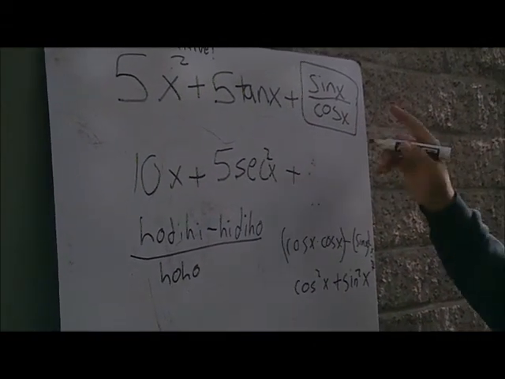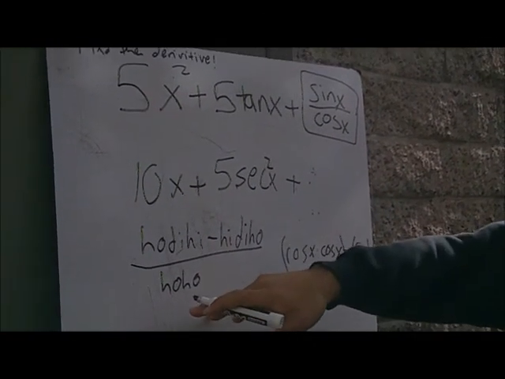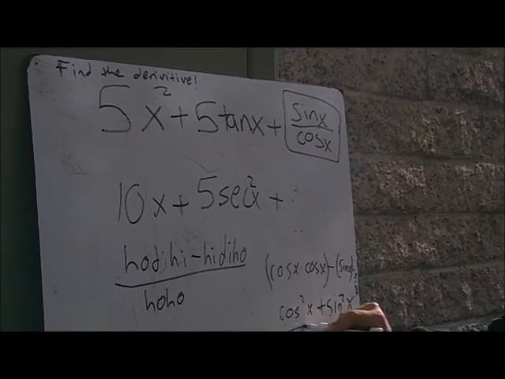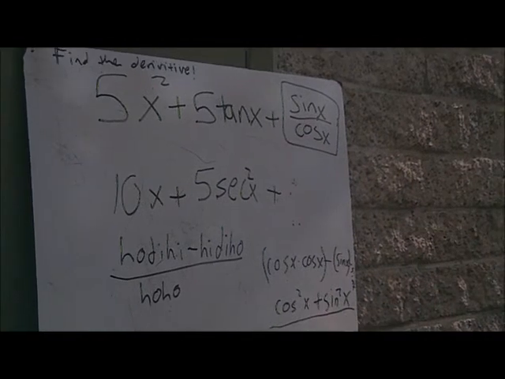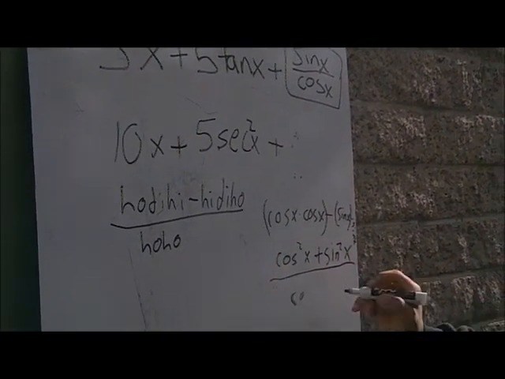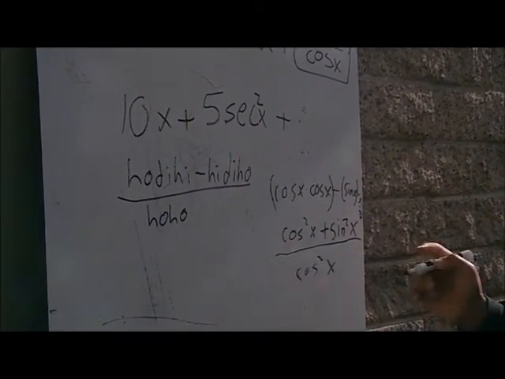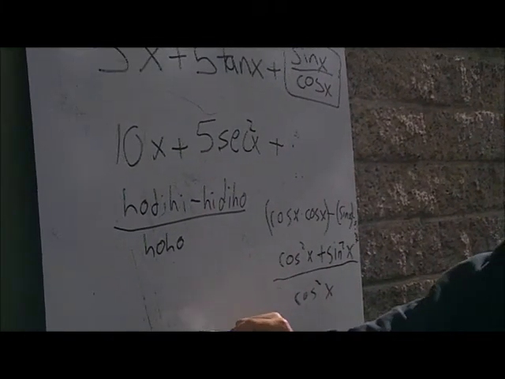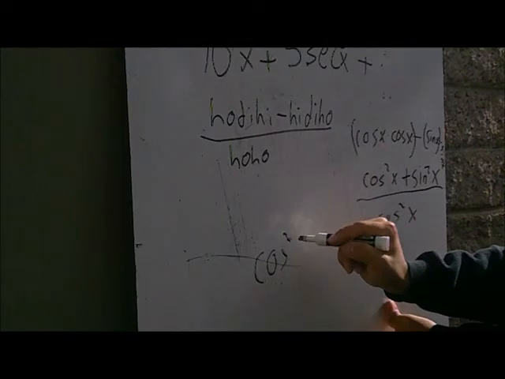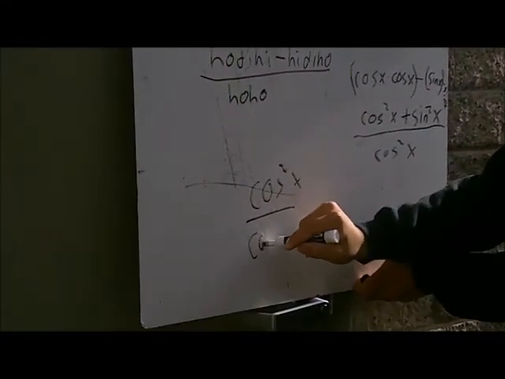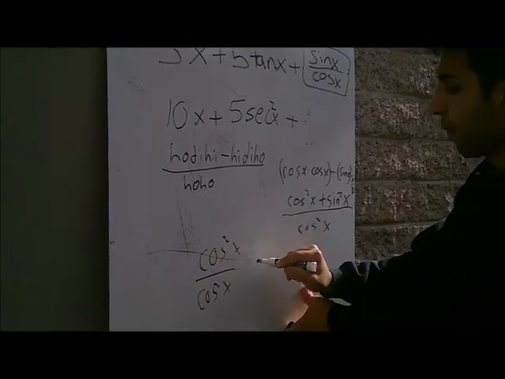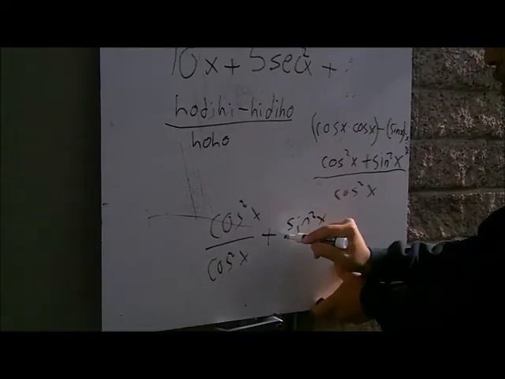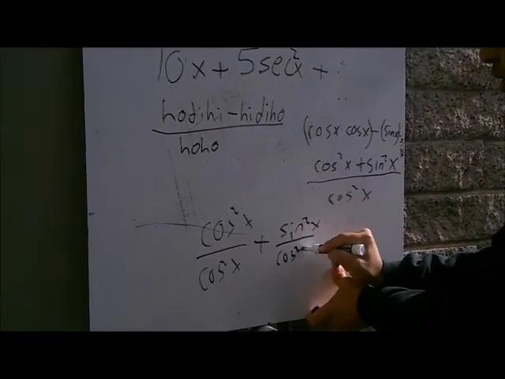Now, the bottom is ho ho, which means you multiply the low times the low. Cosine times cosine is cosine squared x. So we have cosine squared x over cosine squared x plus sine squared x over cosine squared x.